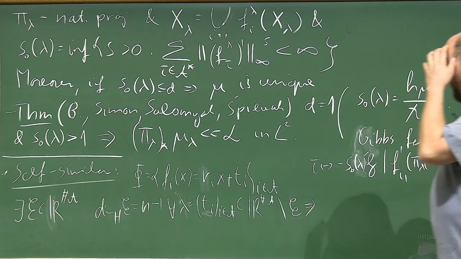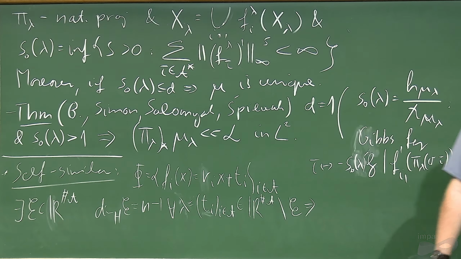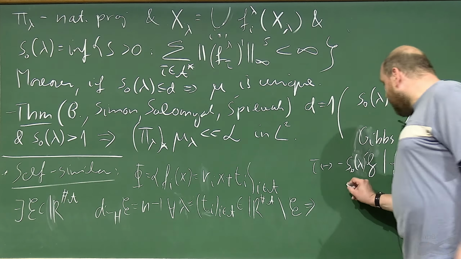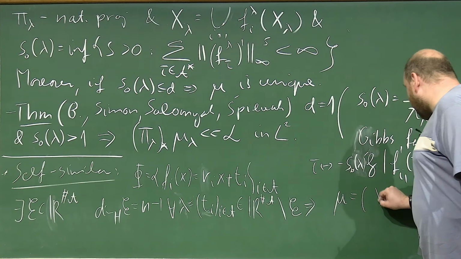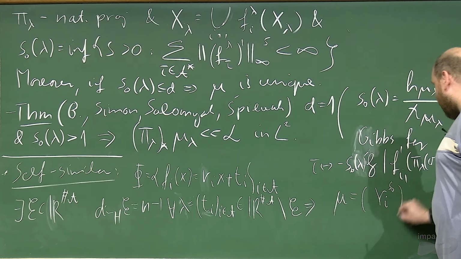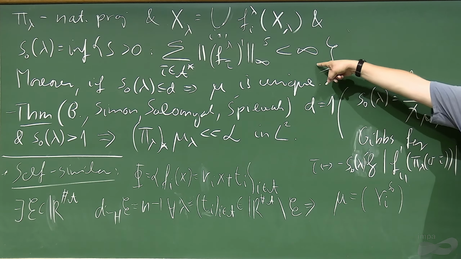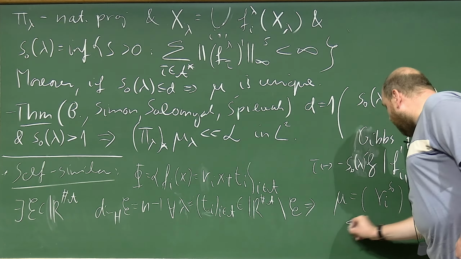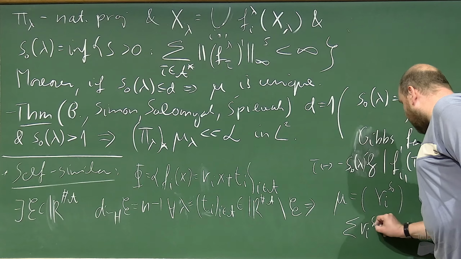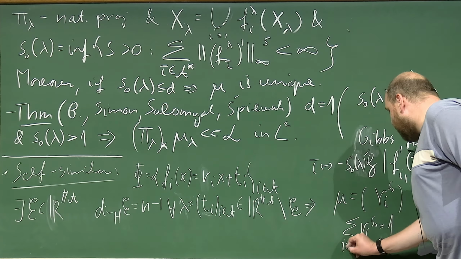then, if you look at the natural measure, who is the natural measure? The natural measure is the Bernoulli measure with the probabilities Ri to the power S naught, where this S naught is the same S naught, right? Except that in this case, we can really formalize that S naught is the unique solution of this equation.